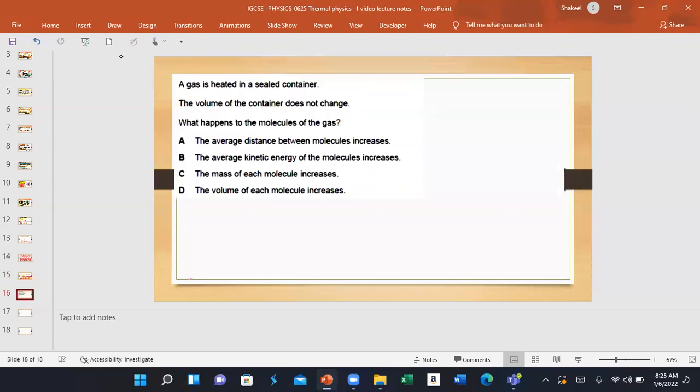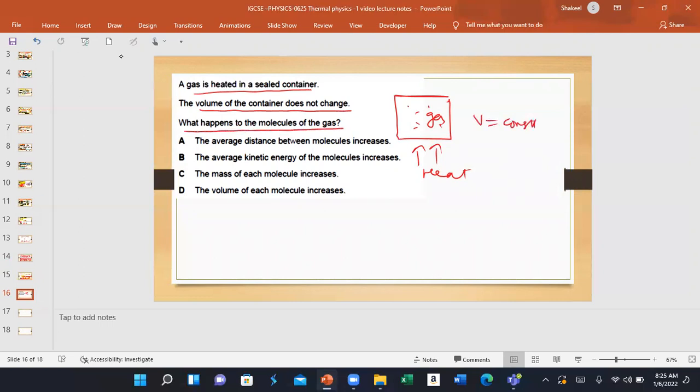So that's a simple answer. Okay, next is an MCQ. A gas is heated in a sealed container. Again, the container is sealed, the gas is there, and you are heating it up, right? The volume of the container does not change. Okay, it means that the volume is constant, it cannot change. What happens to the molecules? Well, it's quite simple. You know that the kinetic energy is proportional to temperature, or the speed is proportional to temperature.